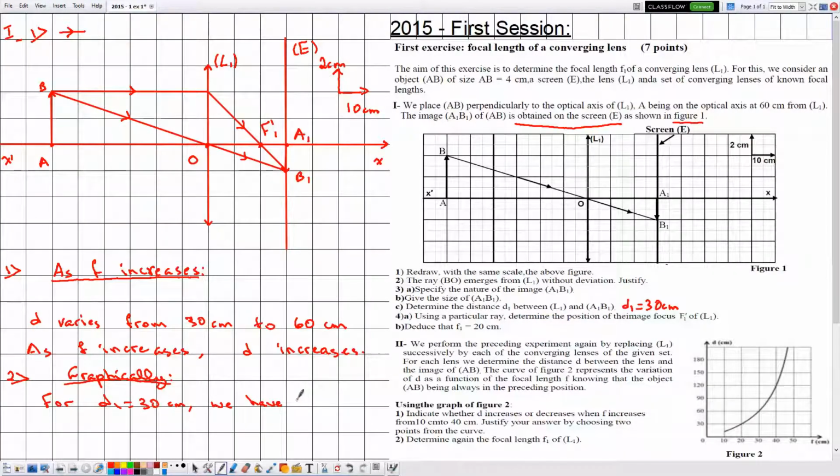So we have f1 is equal to 20 centimeters. Therefore, f1 is equal to 20 centimeters, which is the same result that we have determined in part B.